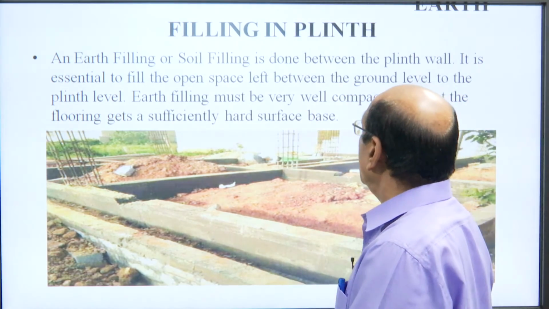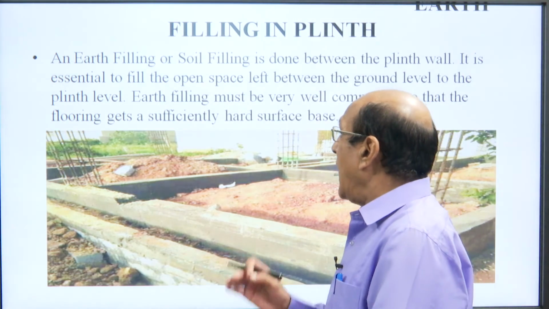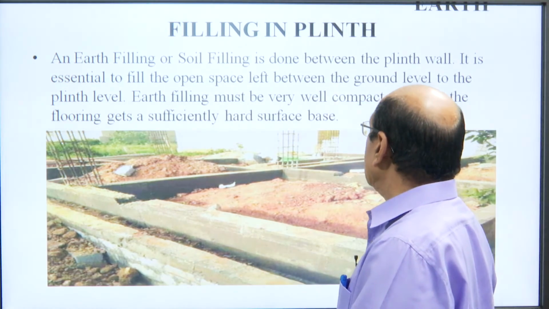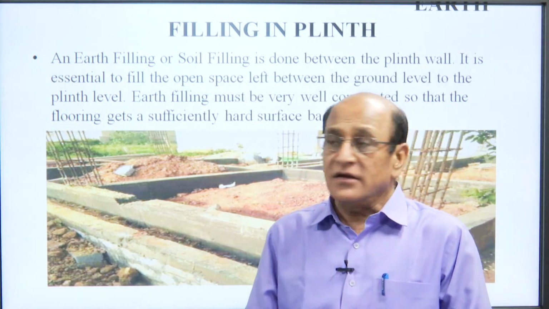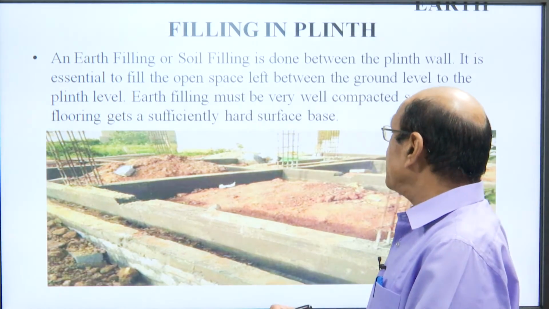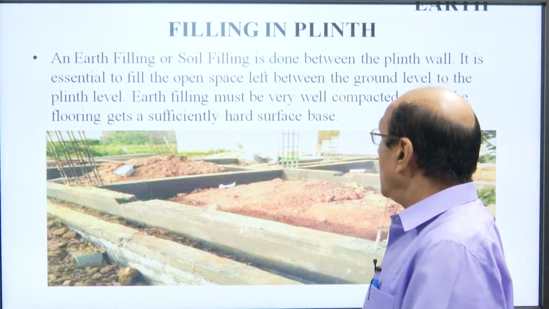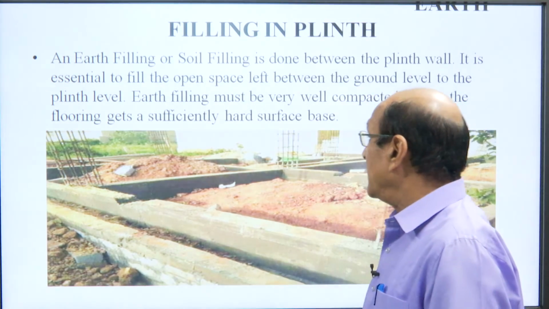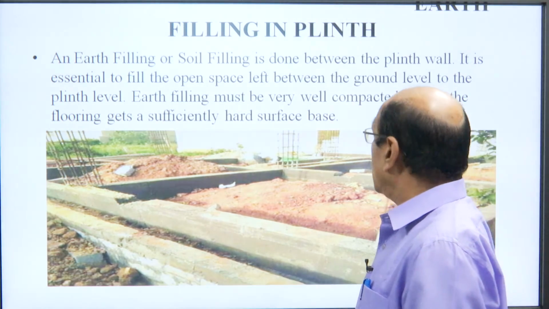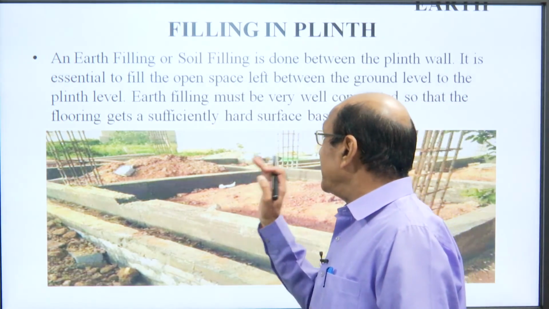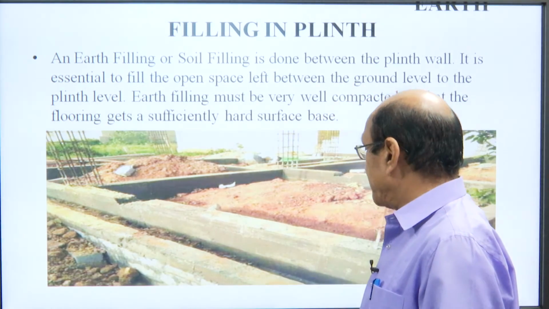Then the earth filling in plinth. Earth filling or soil filling is done between the plinth walls. It is essential to fill the open space left between the ground level and the plinth level. The earth filling must be very well compacted, so that the flooring gets a sufficiently hard surface base.